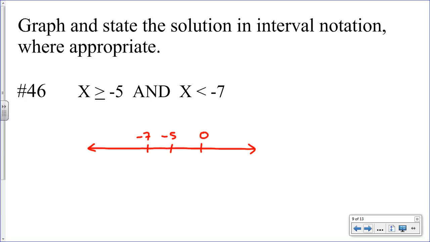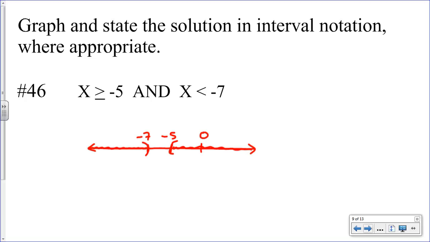Okay, x is greater than or equal to negative 5. So which way is that telling me I have to shade? Right. Okay. And I would have a bracket. x is less than negative 7. Which way is that telling me I need to shade? Left. And I would have a parenthesis.